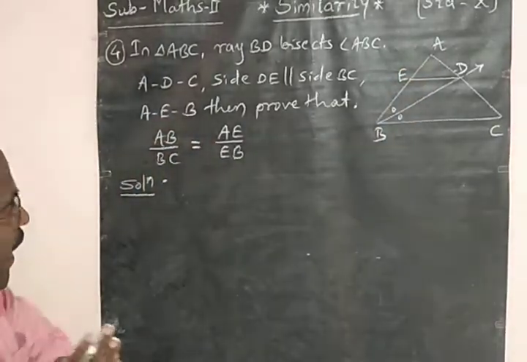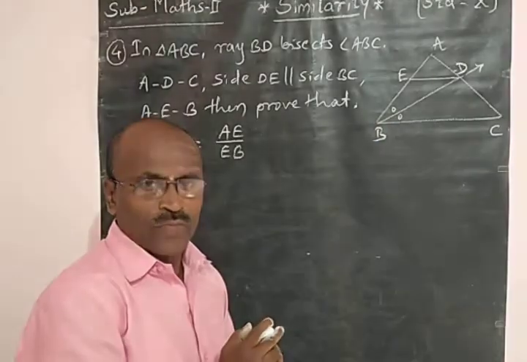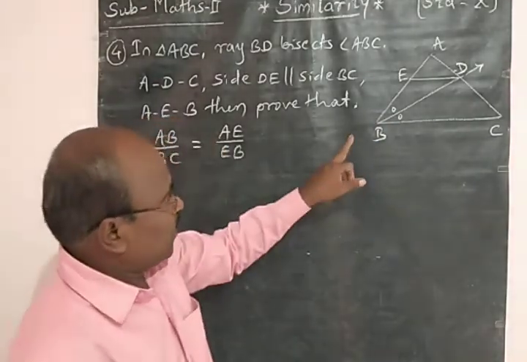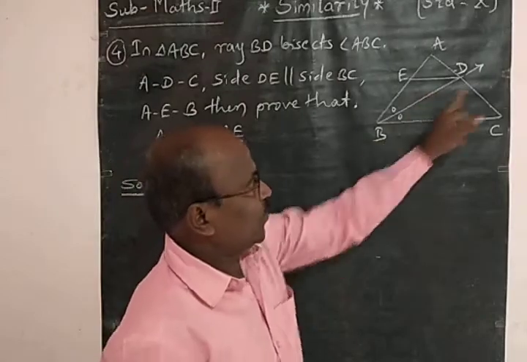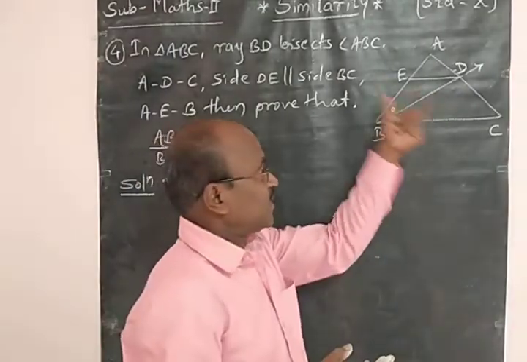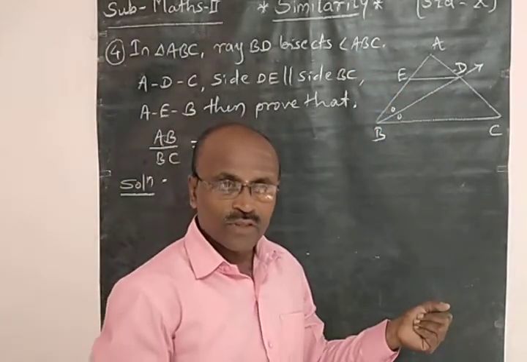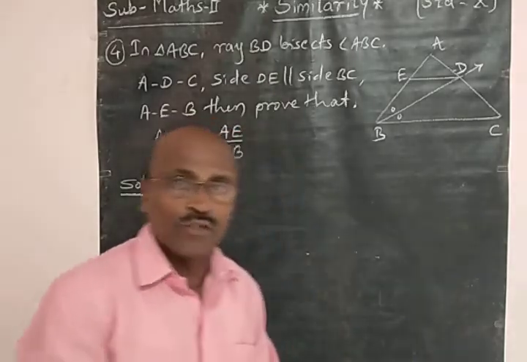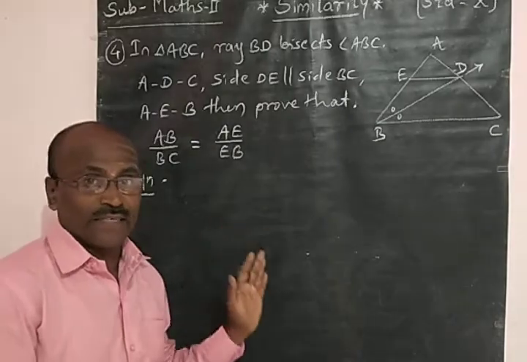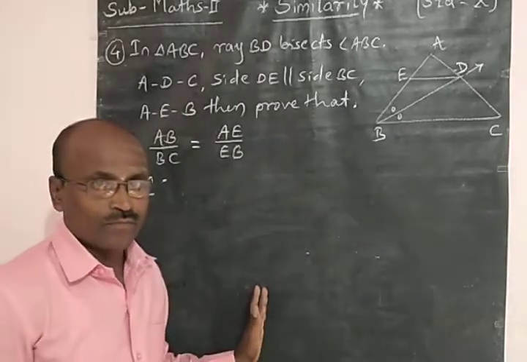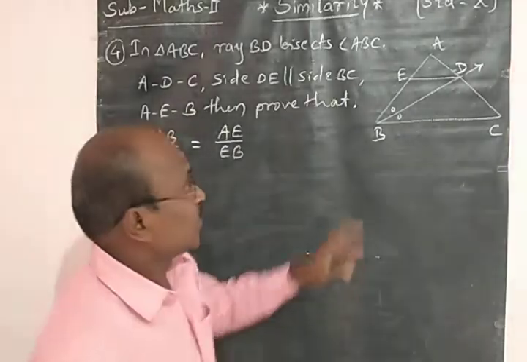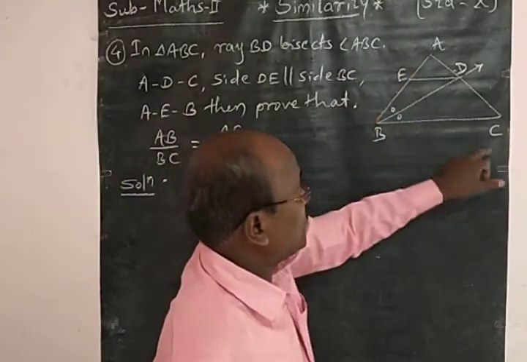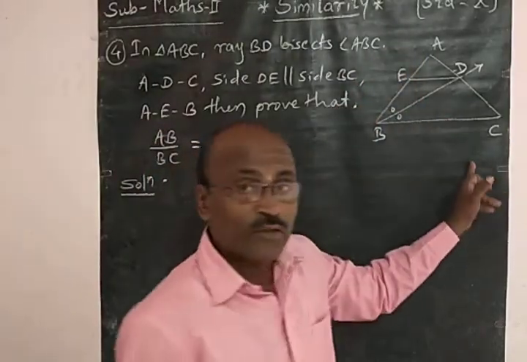Now look at the figure here. Here the angle bisector of an angle in this triangle is given. Then we have confirmed that we use the property of angle bisector of a triangle. Then again in this triangle ABC, ED is parallel to BC is also given.